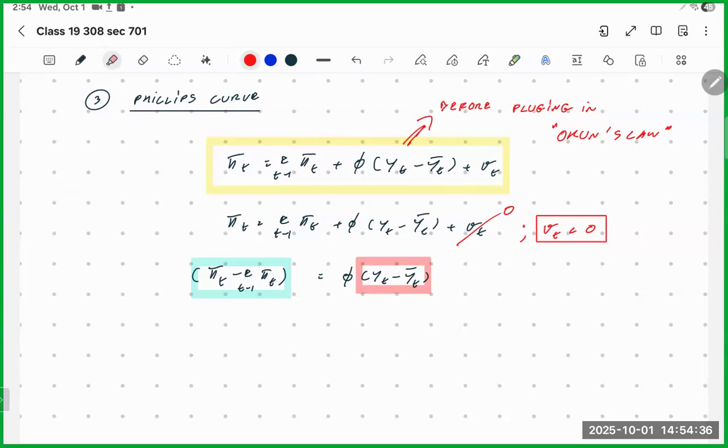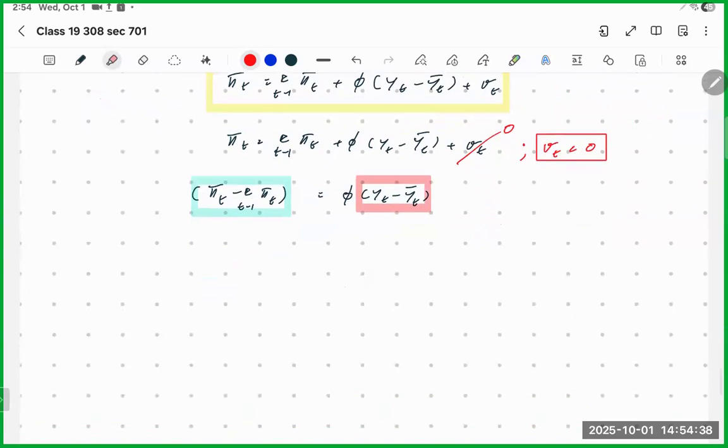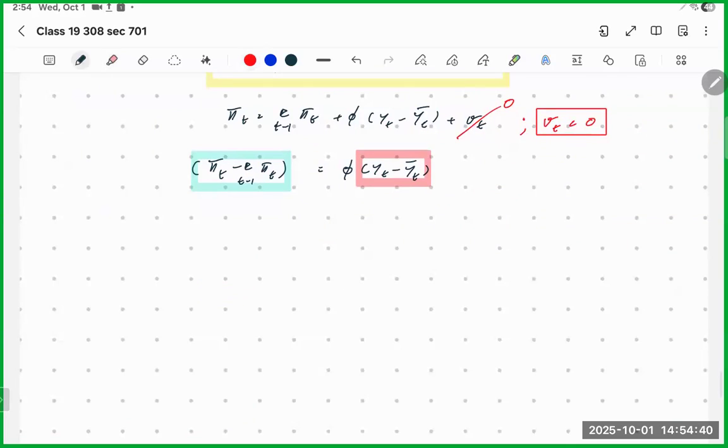What is the meaning of this? Okay. If yt equal to yt bar, the bracket on the right equal to 0. This is like the economy is okay. It's normal. GDP stays at the full employment level. If the economy is okay, the right hand side equal to 0, the left hand side should be equal to 0 too.